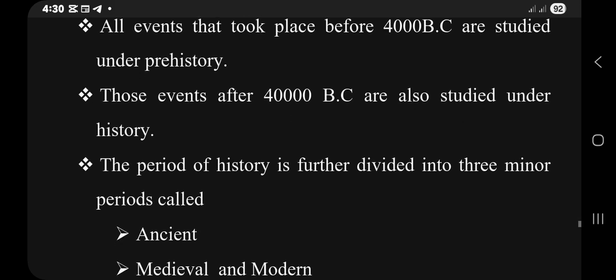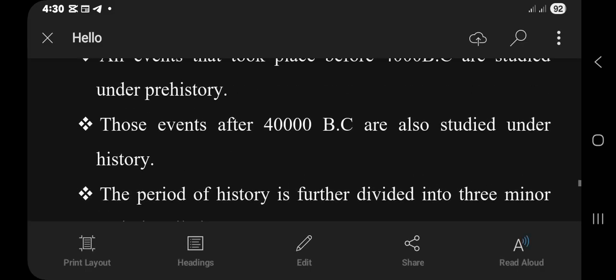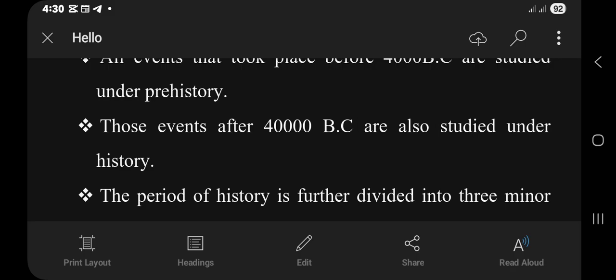The African periodization is unique. Why? Because of colonialism. The entire African continent, except Ethiopia, was colonized by Europeans.